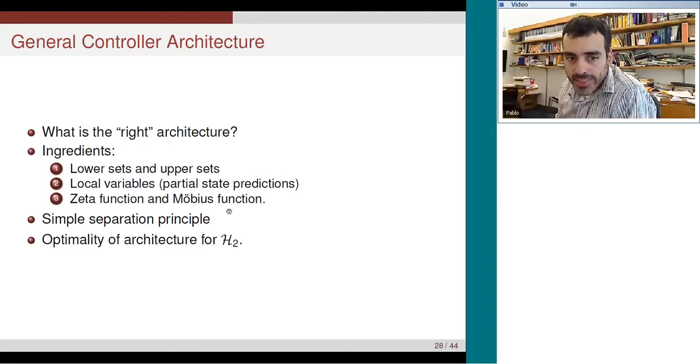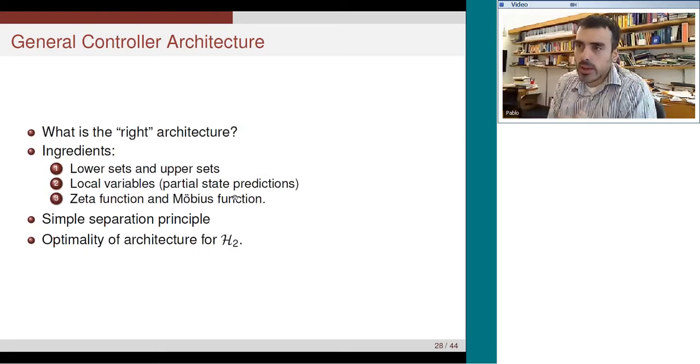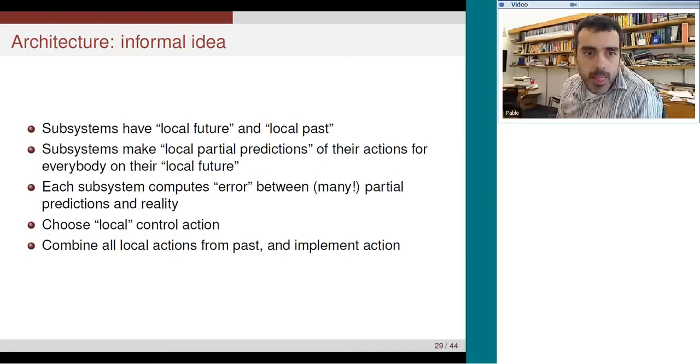And there's a technical part, which if you've never seen it, is actually very interesting: the zeta function and the Moebius function of a poset. There's a very important reason why they appear in an intrinsic way in this kind of problem. And what this is going to give us is some kind of nice separation principle that will be true for this kind of decentralized control problems over posets.